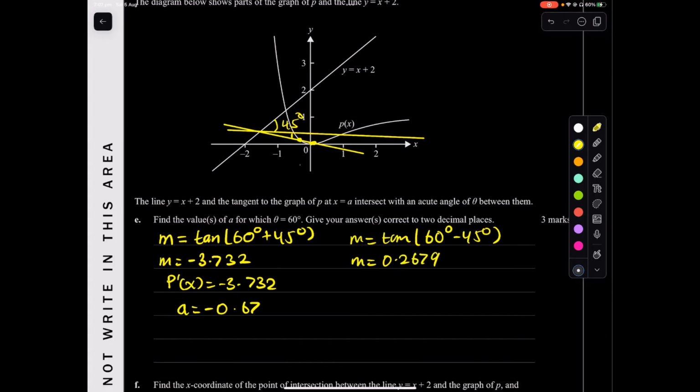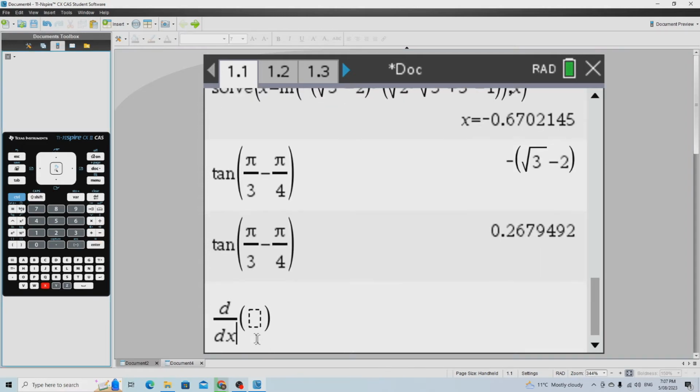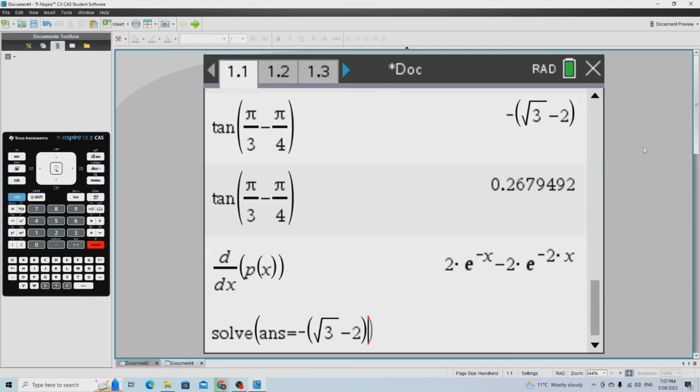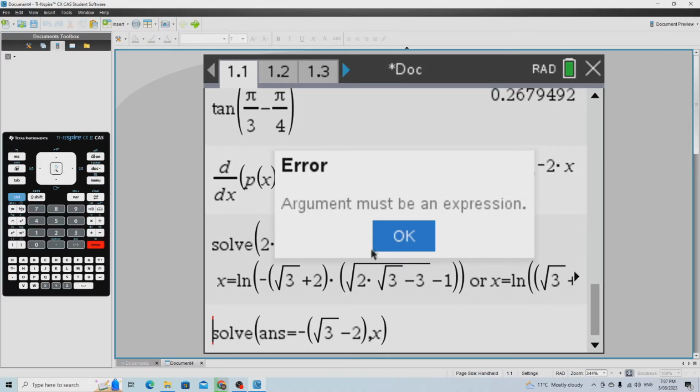0.2679. If we say p dash of x equals that value, what would our value of a be? Same thing: the derivative of p of x is this, and we want to solve this answer equals this over here, comma x. Still an error. I think I know what's happening.